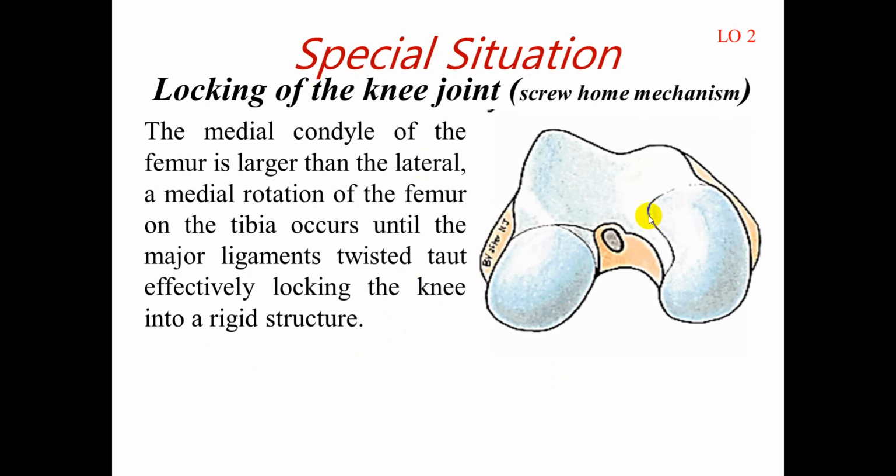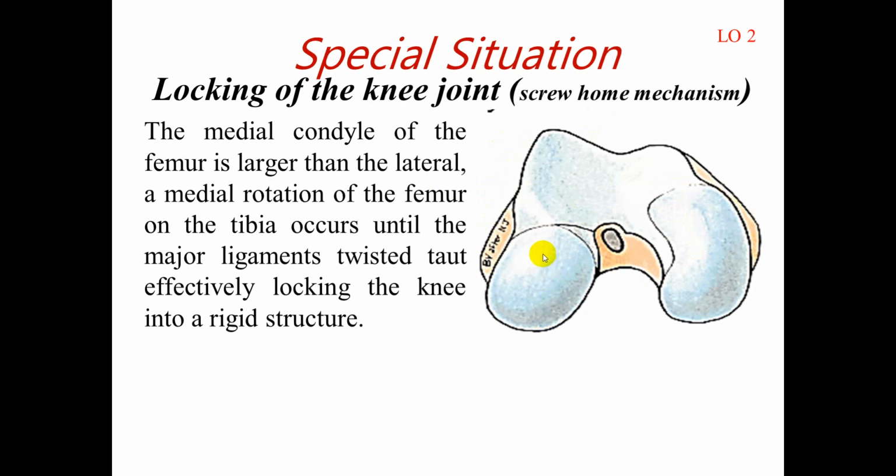How does locking happen? Simply, the anteroposterior diameter of the medial femoral condyle is larger than that of the lateral condyle. So a medial rotation of the femur on the tibia occurs until the major ligaments twist taut, effectively locking the knee into a rigid structure. You see, the anteroposterior diameter of the medial femoral condyle is larger than that of the lateral.